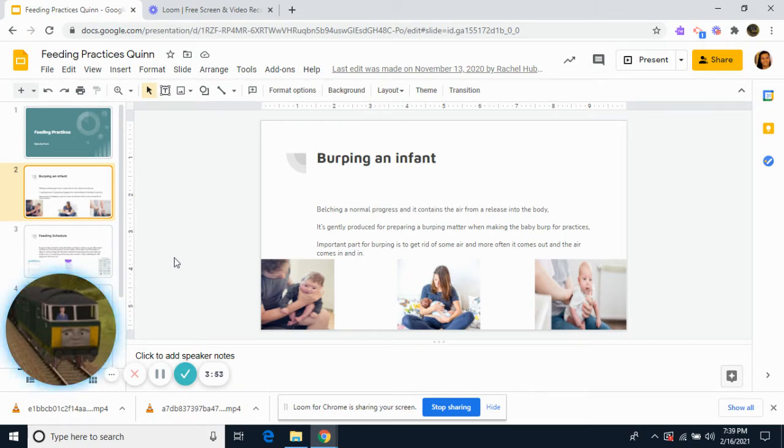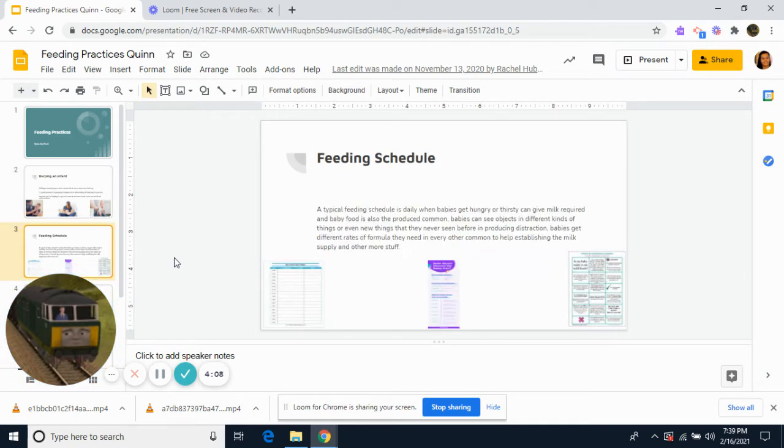Burping is important to get rid of some air, because more often the air comes in and out.